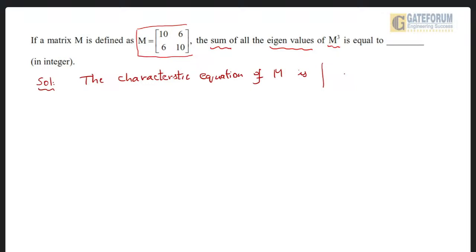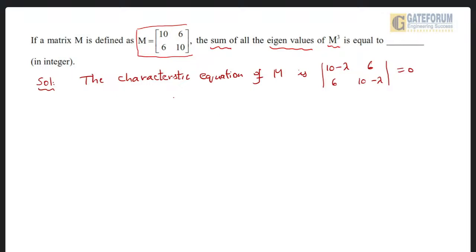That is nothing but subtracting lambda from the diagonal elements only, keeping the remaining non-diagonal elements the same. That is 10 minus lambda, 6, 6, 10 minus lambda, is equal to 0. You will get one eigenvalue as 16 because the sum of all elements in each row is the same, 16. 16 is an eigenvalue.